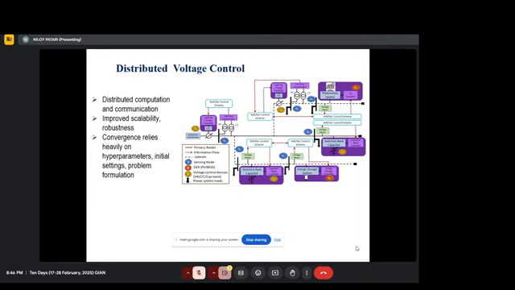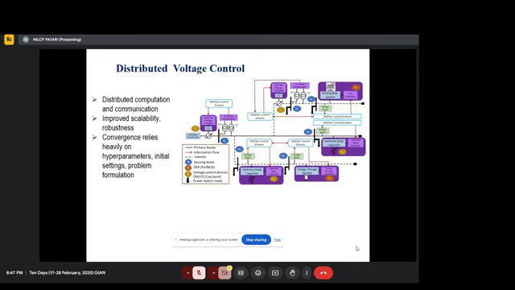Robustness is improved in the sense of robustness in communication, because as I said, one agent can talk with its peer agents. It cannot talk with other agents in the system, though it depends on how you create the communication infrastructure. If you have a distributed architecture, this agent can only talk with its neighbor agents and not with anyone else.